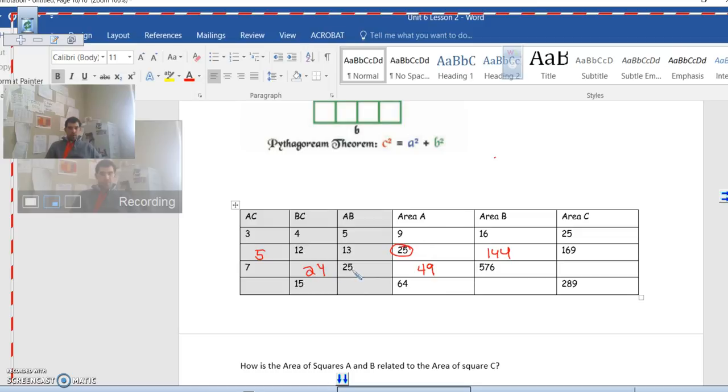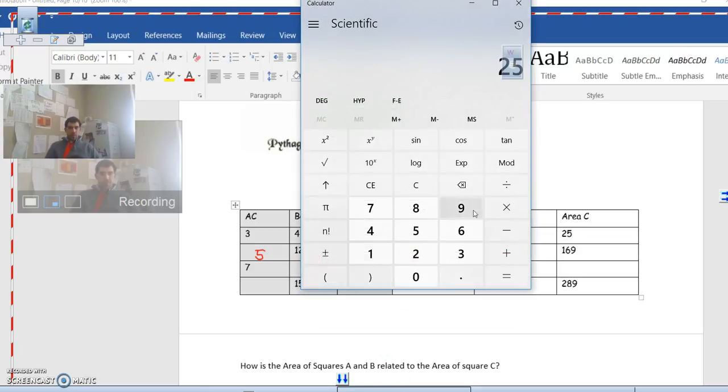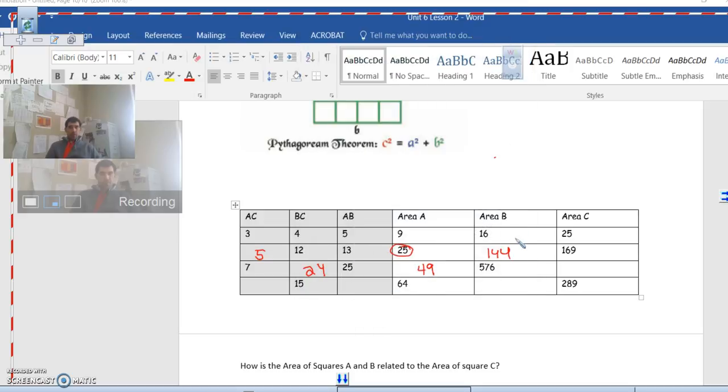And this one's 25, and we know that 25 times 25 is 625. So this one's 625. Hopefully we can identify that 49 plus 576 equals the area of C, 625. This plus this should equal that. The area of A plus the area of B should equal the area of C.